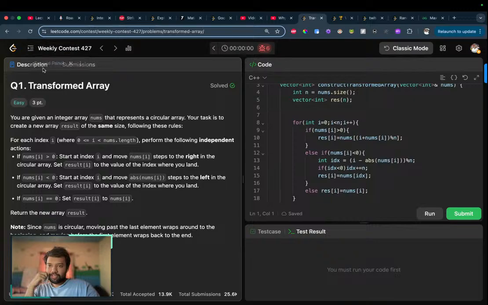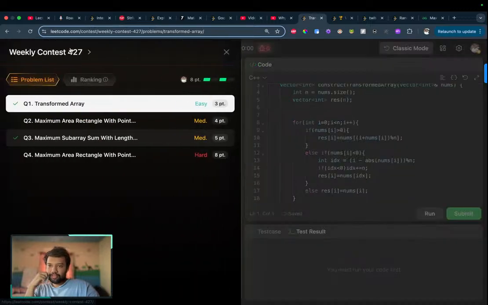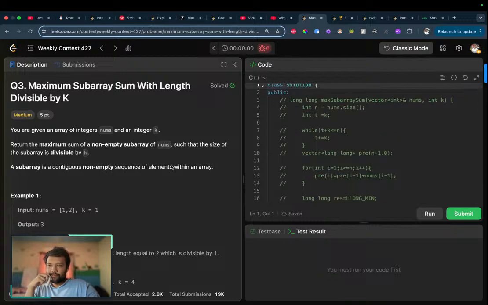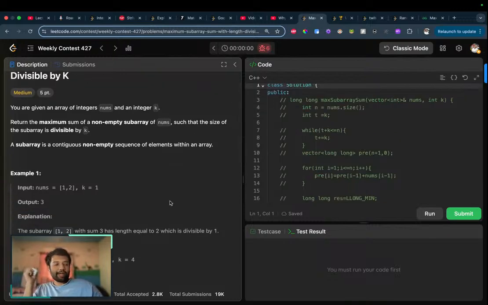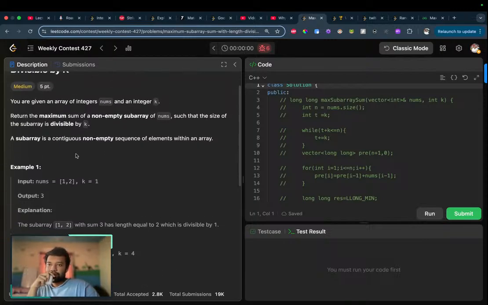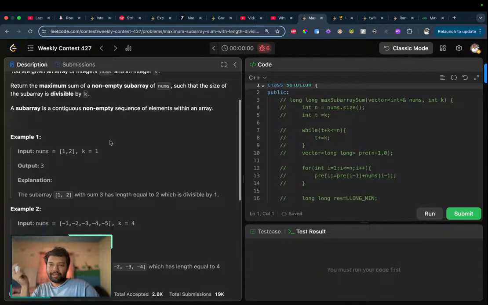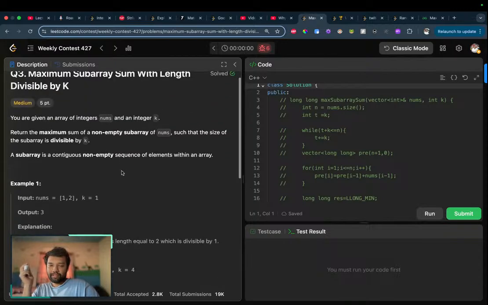The second one was interesting. You are given integers and you have to return the maximum sum of a non-empty subarray such that the size of the subarray is divisible by k.